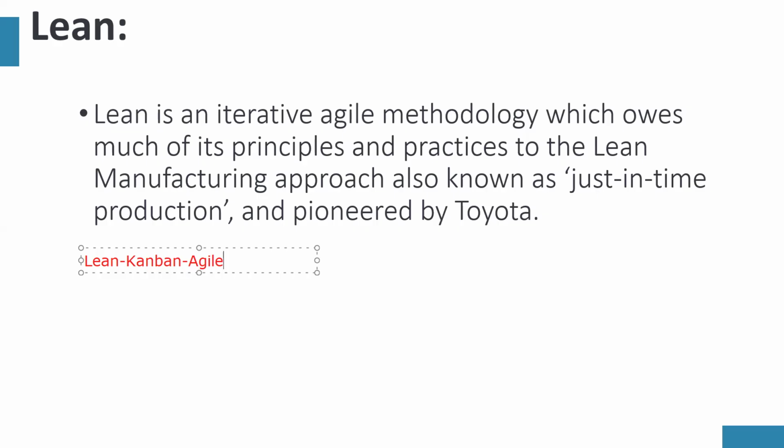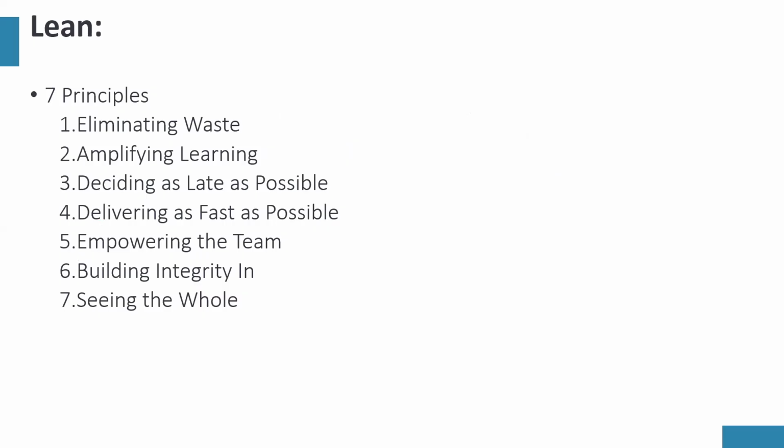So lean has 7 principles. First principle is eliminating waste. So as much as possible, agile teams try to eliminate waste by minimizing the number of defective features they create, right? And ensuring that they don't waste time doing things that do not add value.